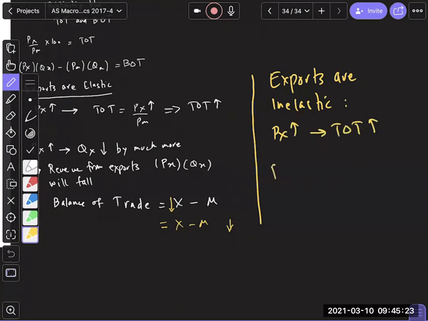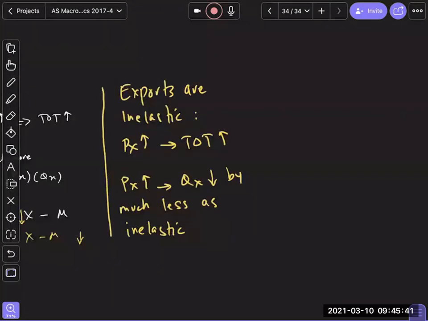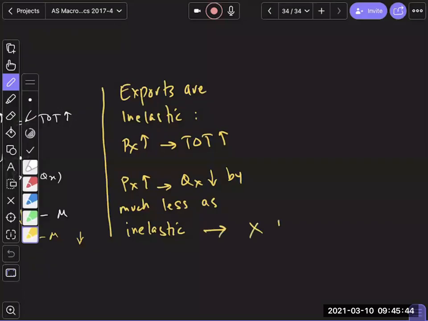But what about the quantity? When the price of exports goes up and goods are inelastic, the quantity of exports will fall by much less, and that would mean export expenditure will rise, causing X minus M to go up, or balance of trade to improve.